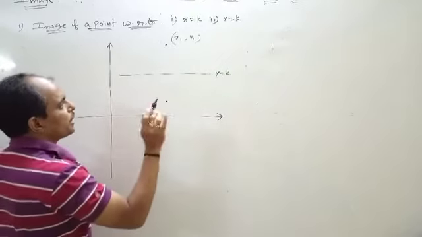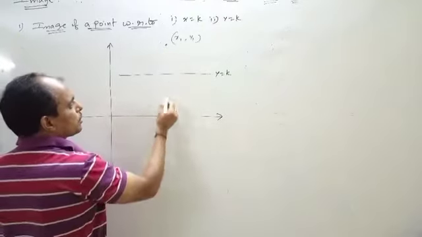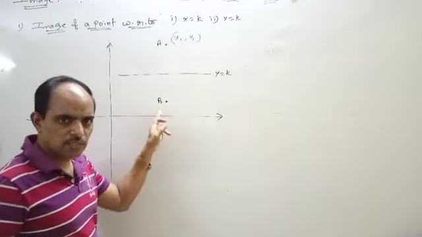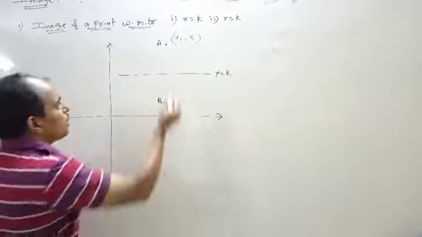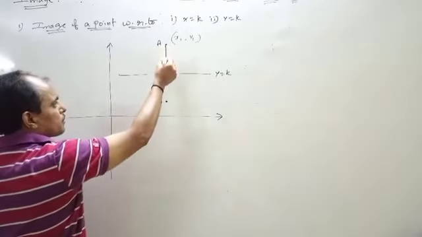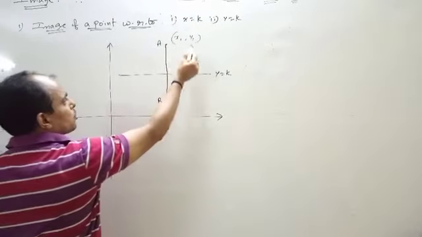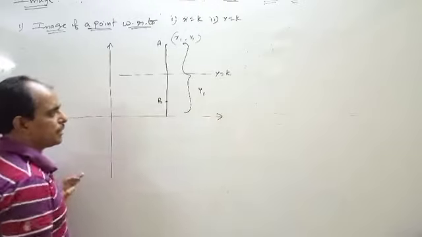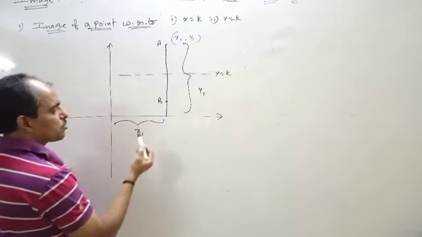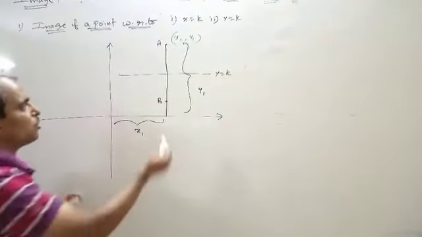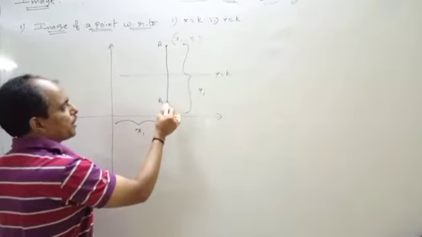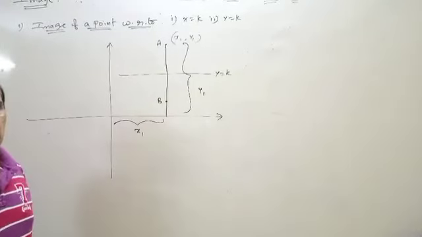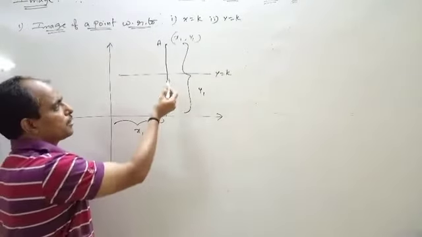Now, clear? Let us suppose this is A and this is B. What are we going to find? This point. And what about this total length? The total from here to here is nothing but y1, am I right? And this one is x1. We are going to find this point, with respect to this line.